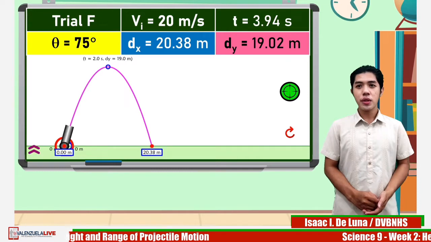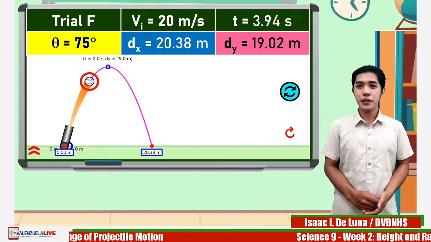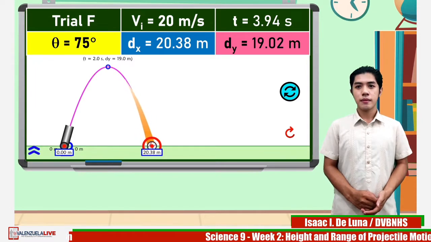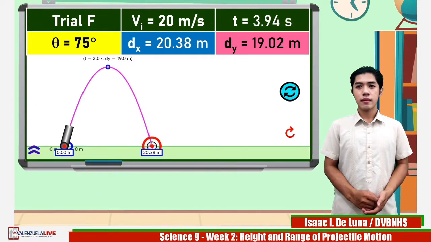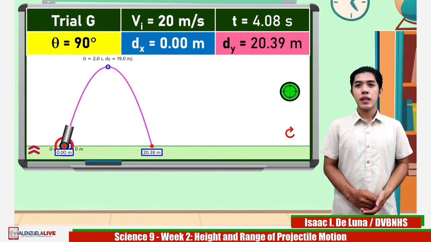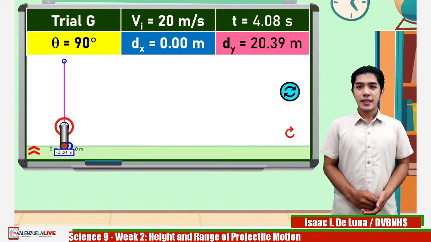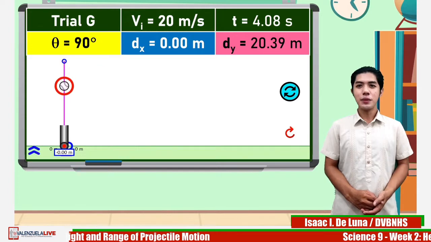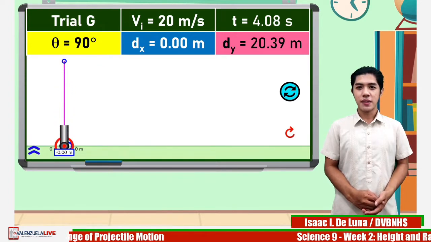Trial F shows a ball launched at 75 degrees from the x-axis. Lastly, Trial G shows a ball launched at 90 degrees from the x-axis.